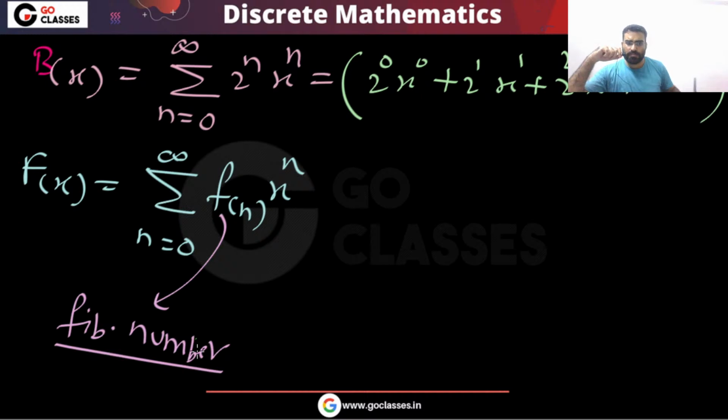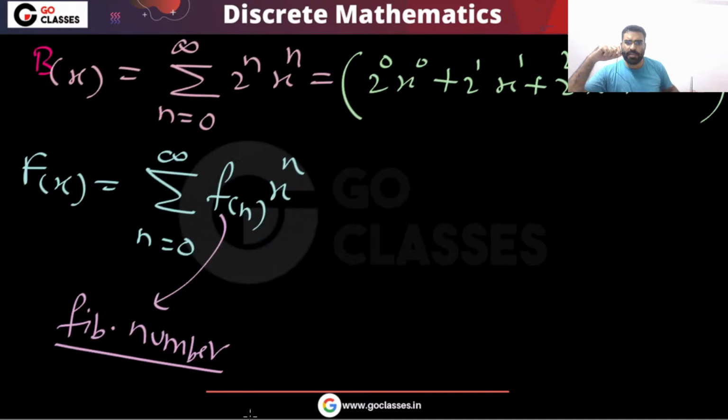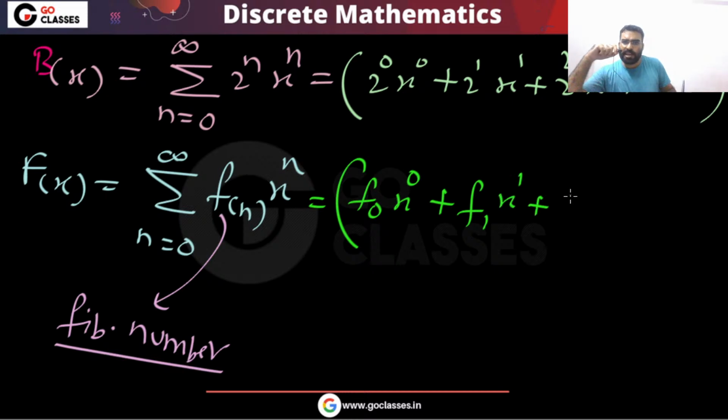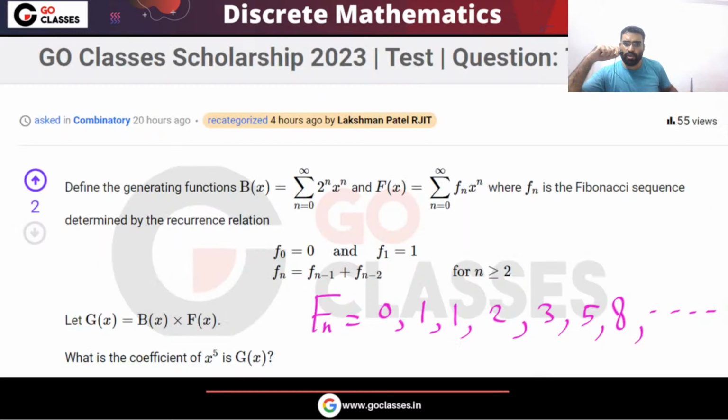Now you can notice, what will be this function? I can say this will be f0 multiplied by x power 0, f1 multiplied by x power 1, f2 multiplied by x power 2, and so on. f0 is 0, f1 is 1, so it will be x plus x square, because this is the series 0, 1, 1.